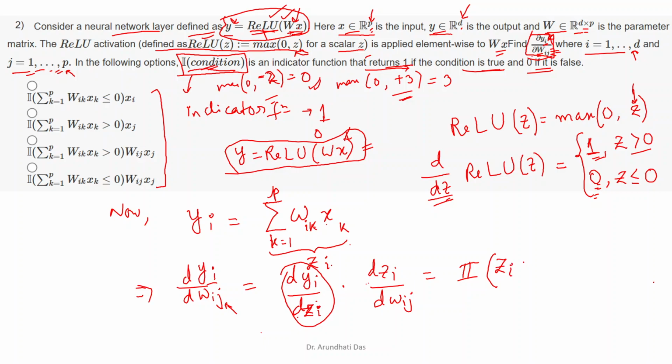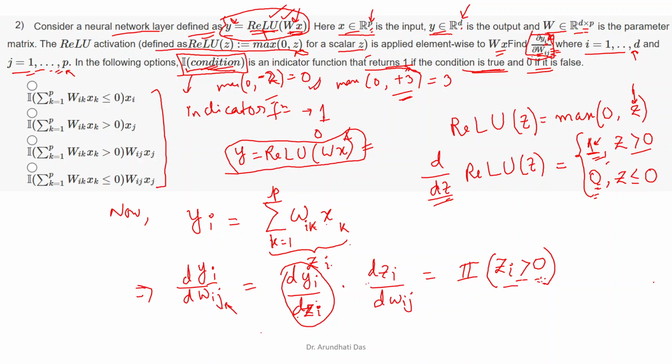If this zi is greater than 0, the indicator function I, the condition is zi greater than 0. If zi is greater than 0, then it will return 1. When this inside portion is true, it will return 1. If this inside portion is false, then it will return 0 only, right?